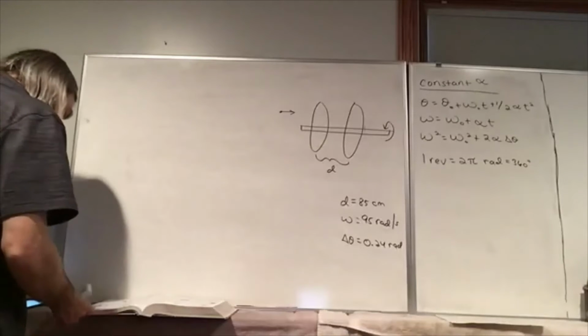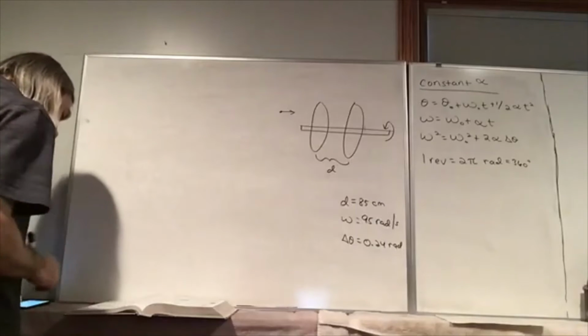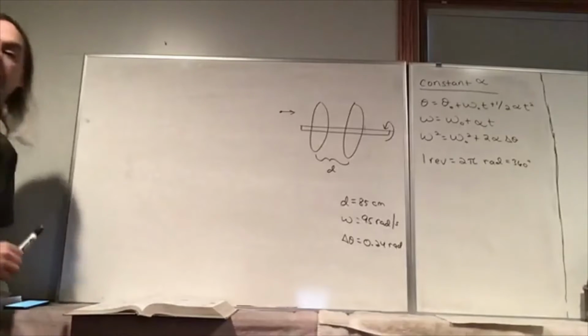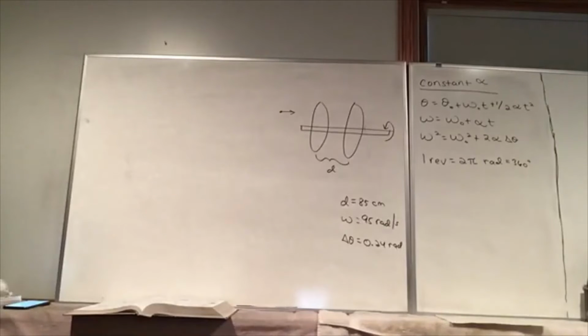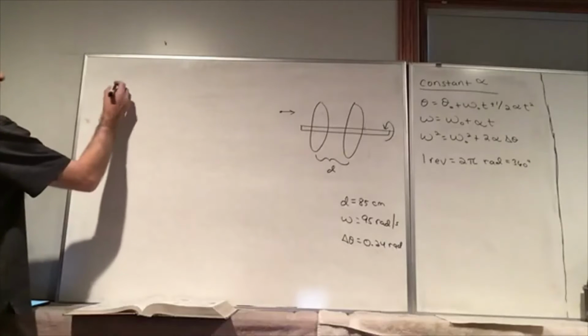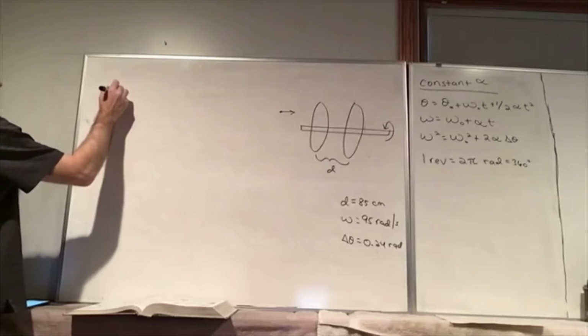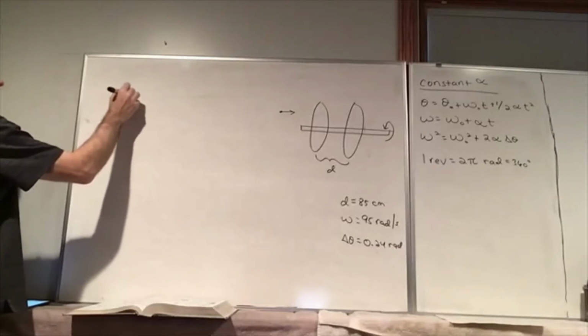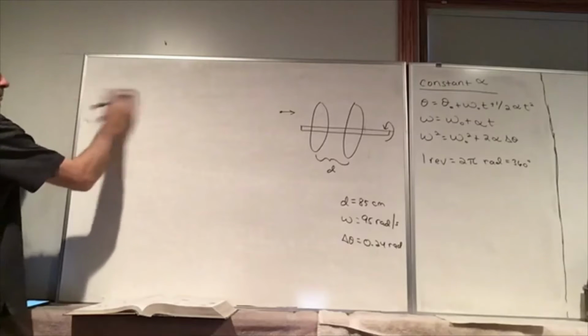So, from this, determine the speed of the bullet. Let's write down, we assume the bullet's moving at a constant speed, and so the distance that it travels, call that the displacement, well here, that's d. We're given that.